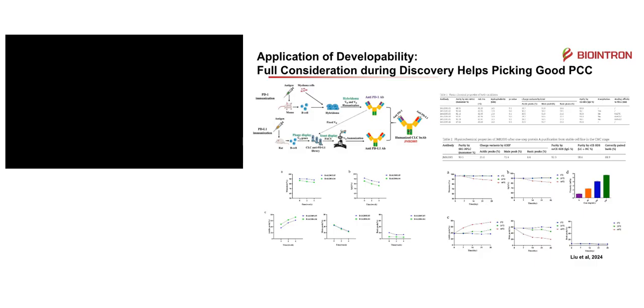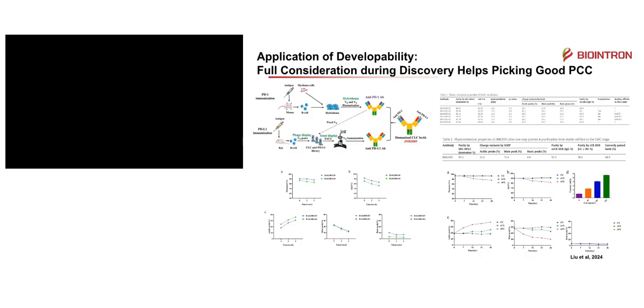Of course, they have a lot of candidates, but they just show several candidates for the developability data. But this kind of data will help them select the good candidates besides functional evaluation.